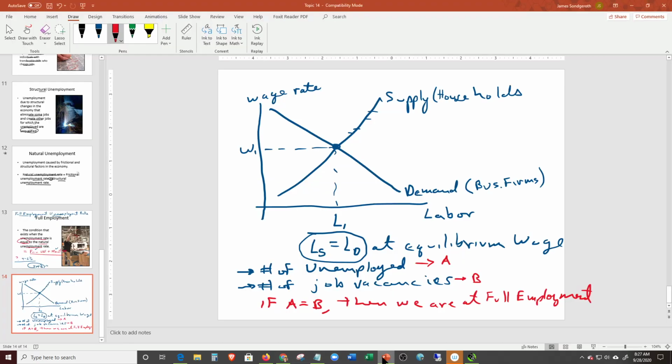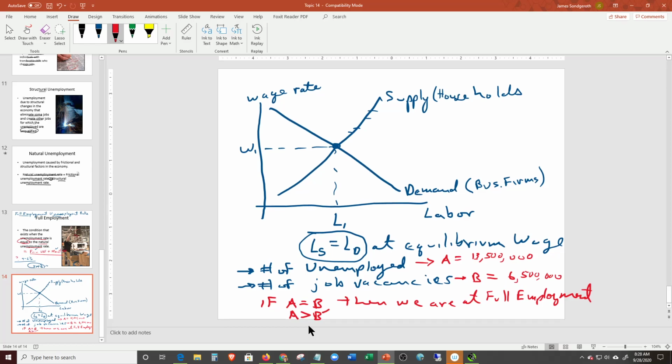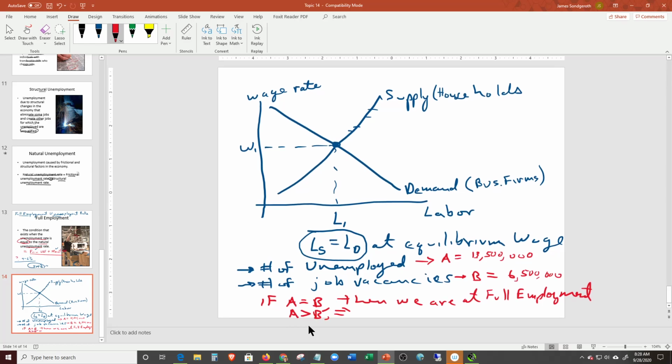So let's come back here. I don't know if I have room enough to write here. Maybe I do. So A is equal to, let's just say 13,500,000, and B, the vacancies, are 6,500,000. So obviously, A, the number of people unemployed, is much greater than the job openings.